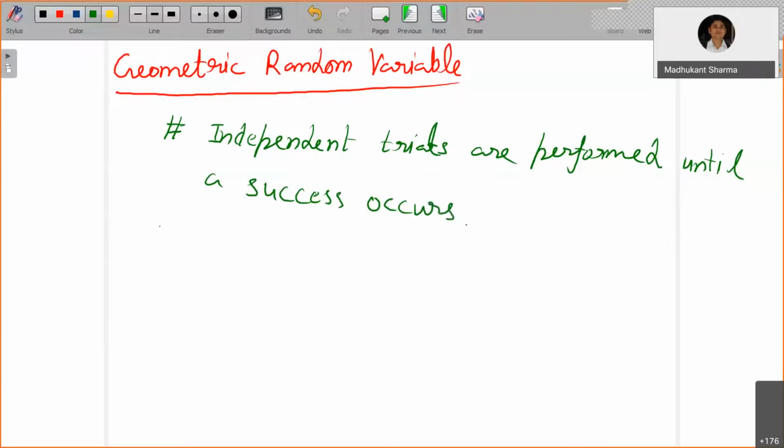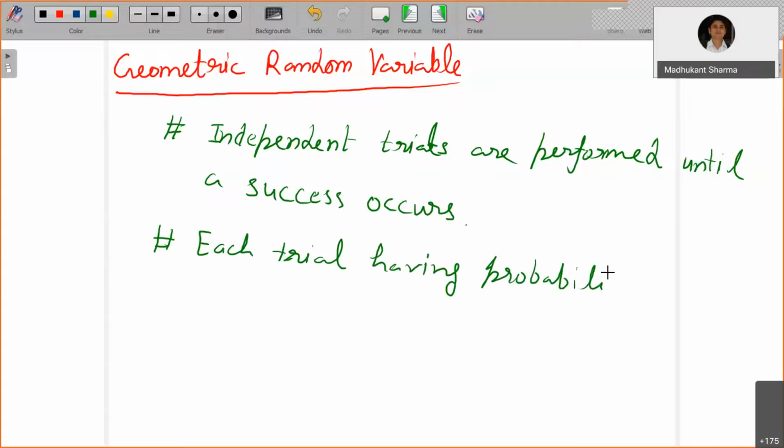And suppose that each trial has probability of success P. And what is P? The P value is 0 less than P less than 1.